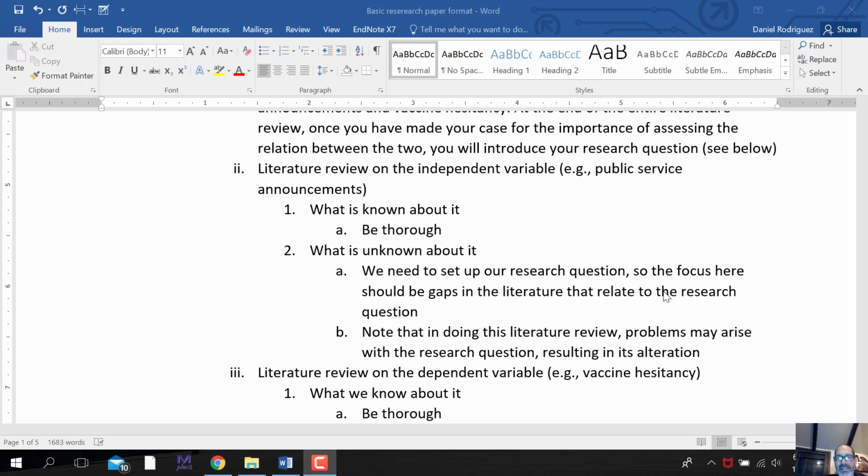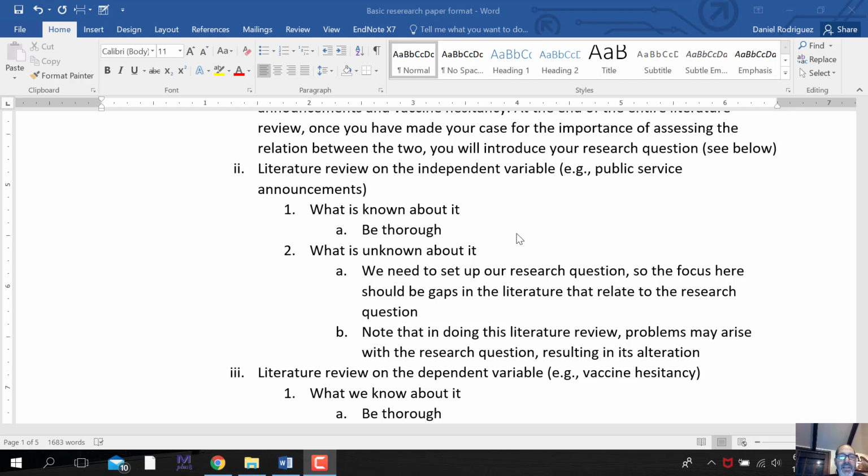Hopefully you know what a variable is. I shouldn't be assuming that. But a variable varies. For instance, public service announcements: did you see a public service announcement, yes or no? There's variation in the answer. Some people say yes, some people say no. Not everybody's saying no or yes, right? So there's variation, and that's what variability is about.